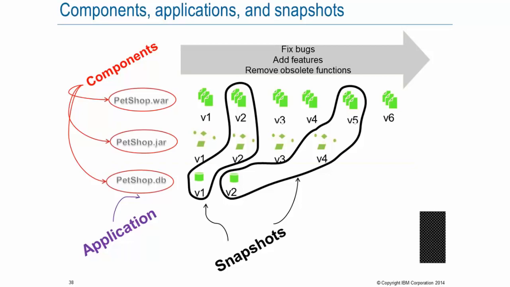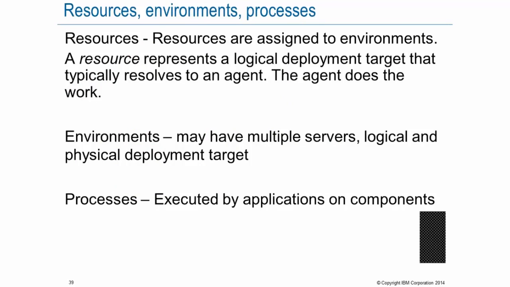And then the next one talks about resources and how these resources relate to environments. Resources are usually looked at from the perspective of operations or the infrastructure team that sets them up, right? Whether those resources are hard machines or virtual machines or someplace in the cloud. The resources are logical targets.